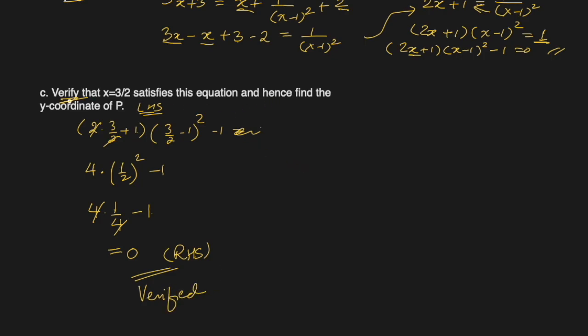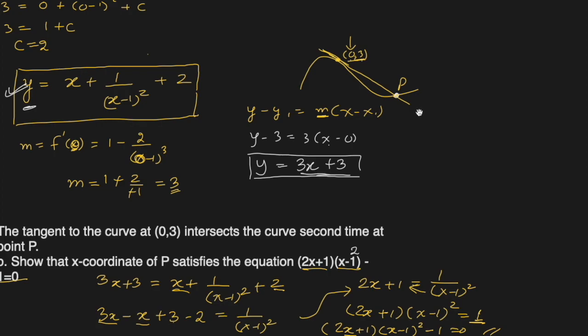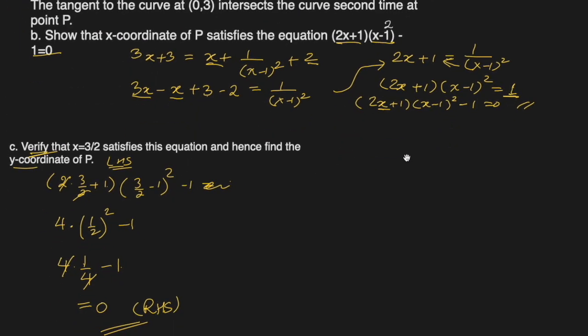So hence we have to find the y coordinate of P. Okay, let's go back to the drawing again. So this is P. It lies on the line as well as the curve. So it will be better to substitute that x coordinate here in this, and we'll get the y coordinate of P, 3x plus 3. That's what we're going to do now. So it was y equals 3x plus 3.